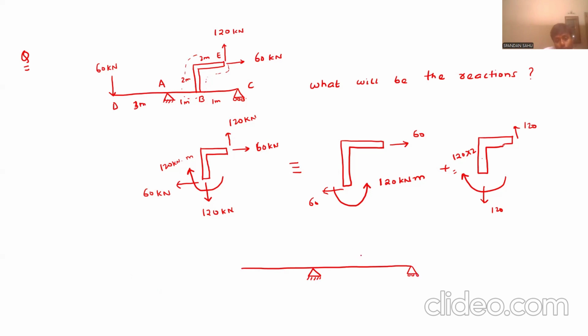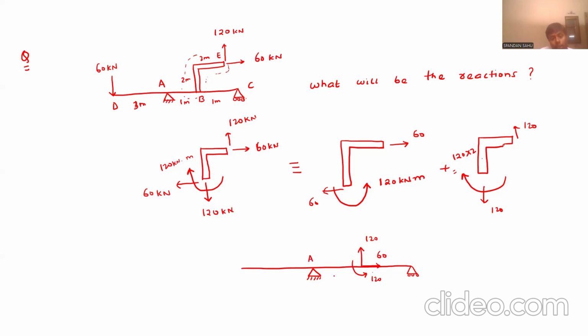So now 120 is acting downward, so here 120 will act upward. 60 is acting to the left, so 60 kilonewton here will act to the right. And 120 kilonewton meter is acting in which way? It is clockwise direction, so in the beam you have to show it in anti-clockwise manner. So it will be 120 kilonewton meter.